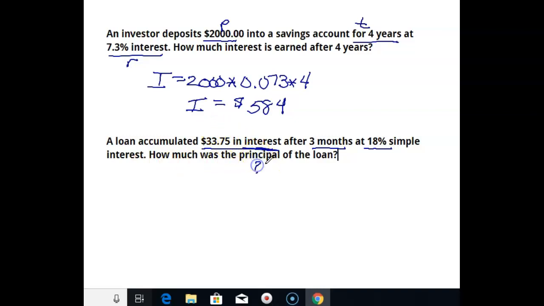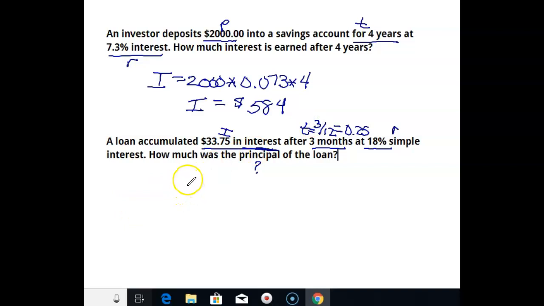So it's asking us what the principal is, or the P. This is I, the interest. 3 months is a fraction of a year, or 3 out of 12. And that's 0.25, or 1/4 of the year. And then here is my rate, 18% simple interest. And that's my time again.